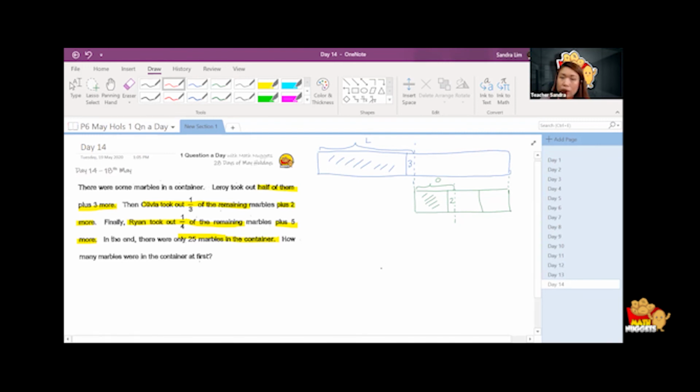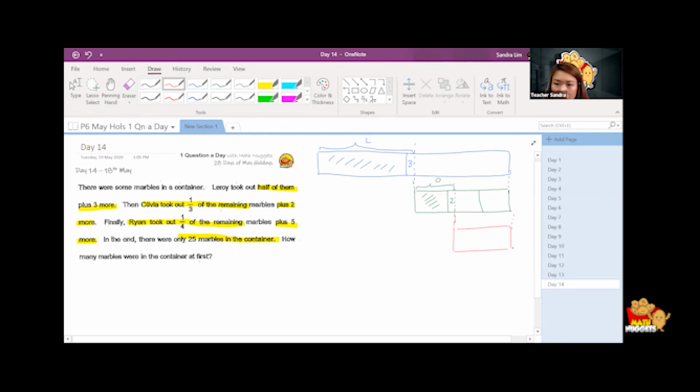All right, that's one more thing to do. Ryan took out 1/4 of the remainder. So again, I'm going to drop down the remainder. You cannot just cut the remainder here, you know. Just to clarify, you cannot cut because the remainder here is like 1 part and a little bit more. You won't be able to cut it equally into 4 parts. Okay, so let's bring down the remainder.